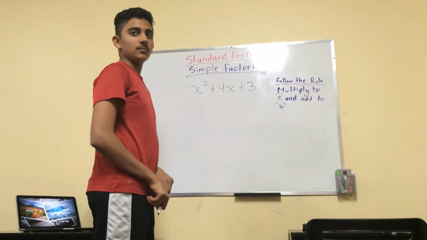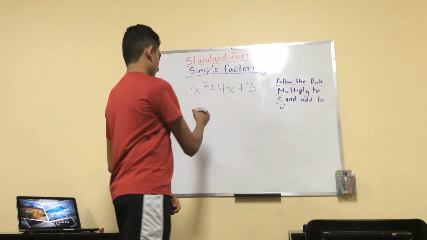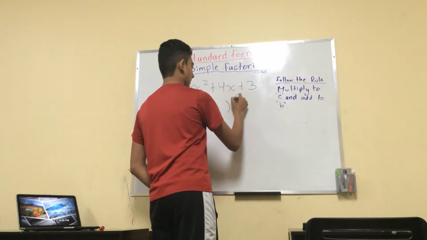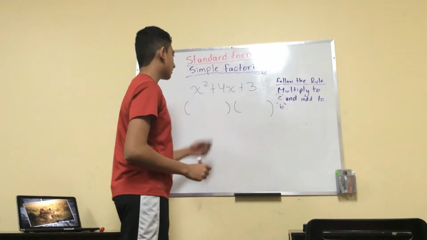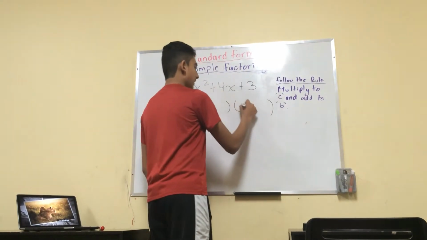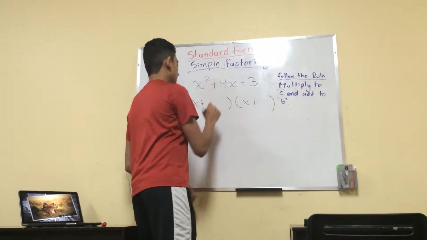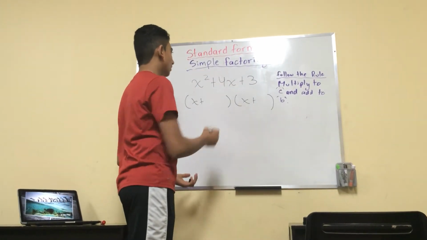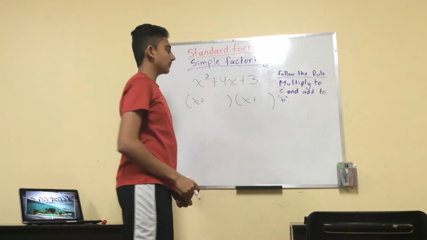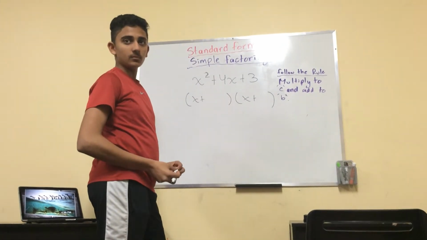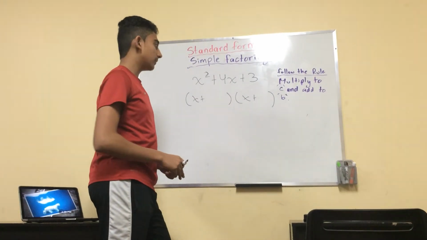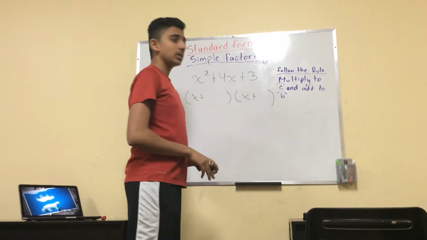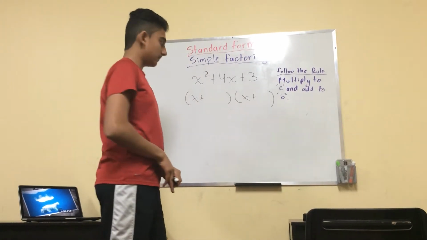You create two brackets and put x in one and x in the other. Because we're factoring, we know it's going to be x, and addition, or positive, because the rest of the equation is also positive. What's the next step? You have to figure out two numbers that multiply to 3 and add to 4.